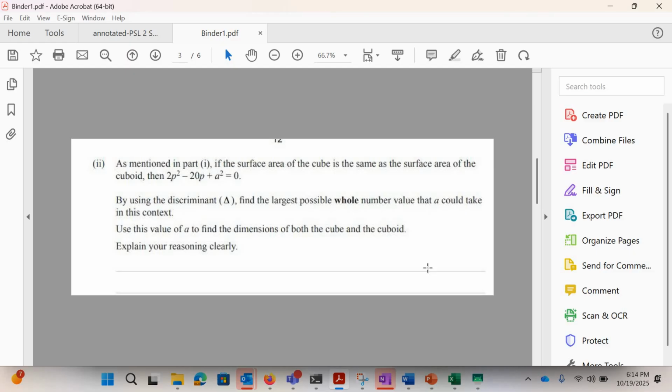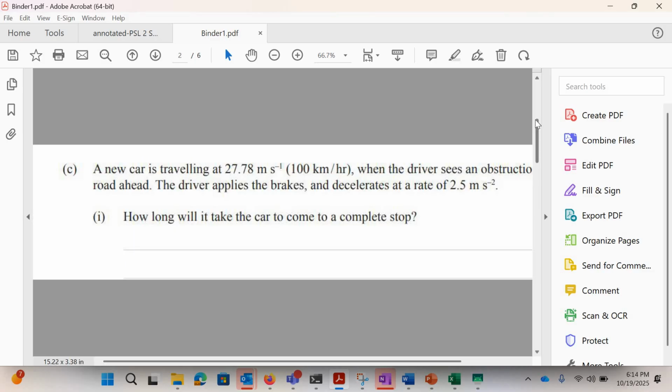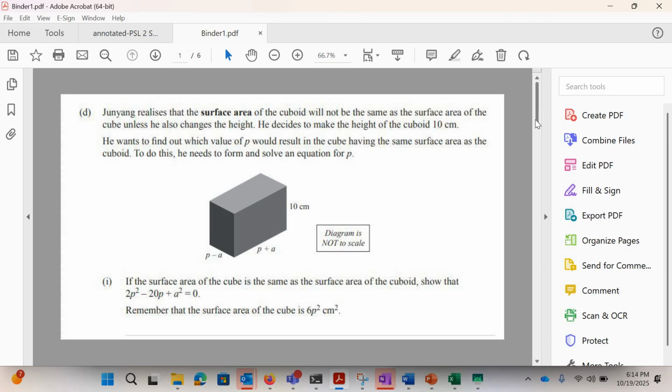And then it says to use that value of a to go back and find the dimensions of the cube and the cuboid. So the cuboid is this thing here. Oh, actually, they want you to throw 7 into this equation and solve for p.